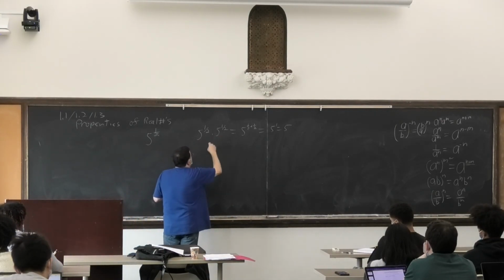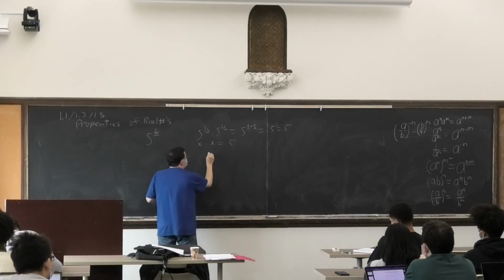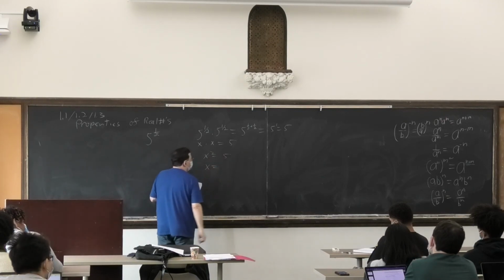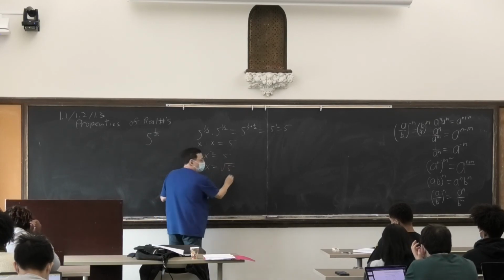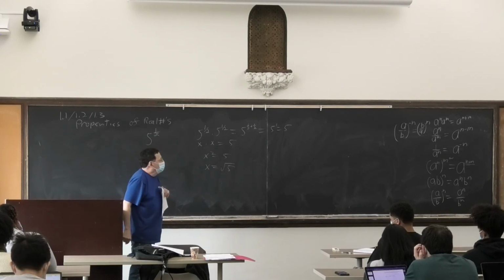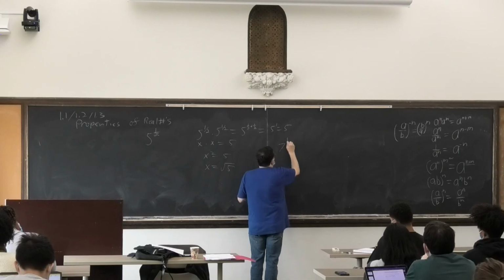Let me just call this x here. X times x equals 5. Or x squared equals 5. So what's x? Square root of 5. I could do the same thing with 7 to the 1/3.